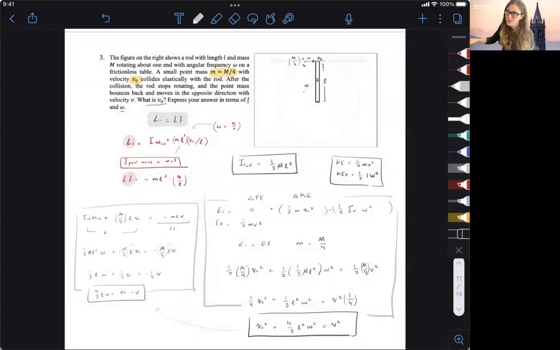This is a tricky problem where they set it up to make you do both. It's not the nicest thing, but conceptually I feel like this is a really good problem to challenge your understanding of conservation of energy and conservation of momentum.